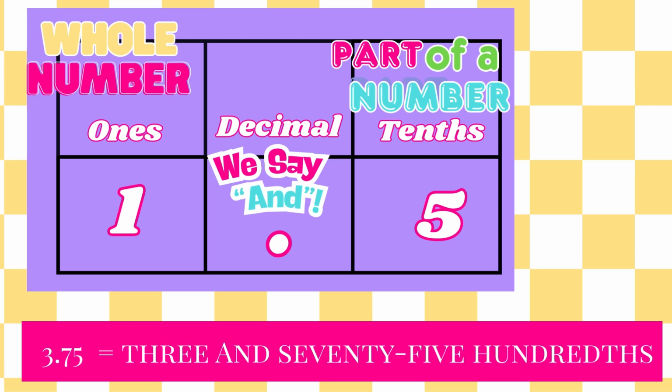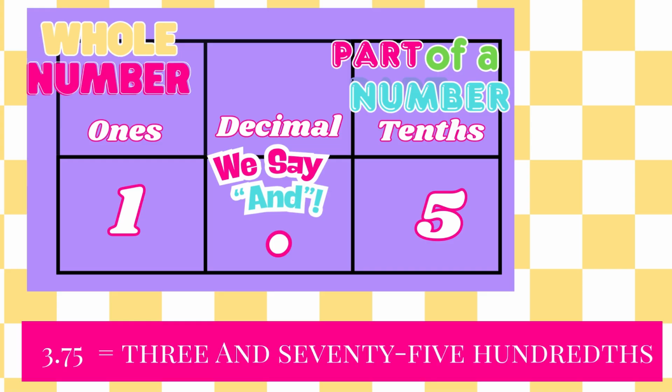Now, let's start by reviewing what we mean by whole numbers and decimals. A whole number is a complete number like 1, 5, 23, or 146. These represent complete units or objects. A decimal, on the other hand, represents parts of a whole. When we read a decimal number out loud, we use the word "and" to separate the whole number part from the decimal part.